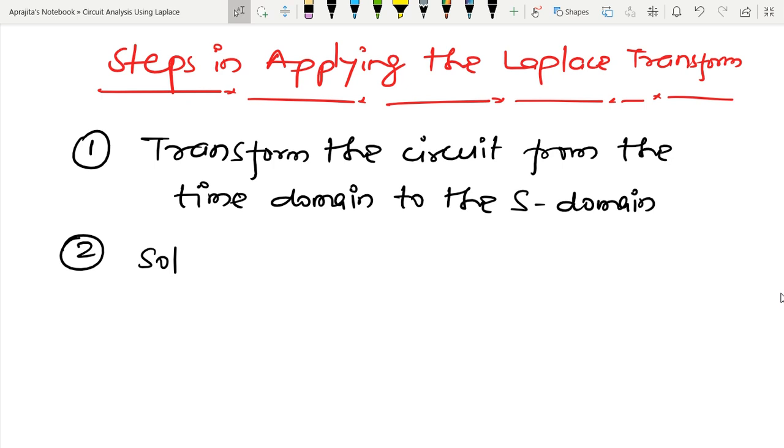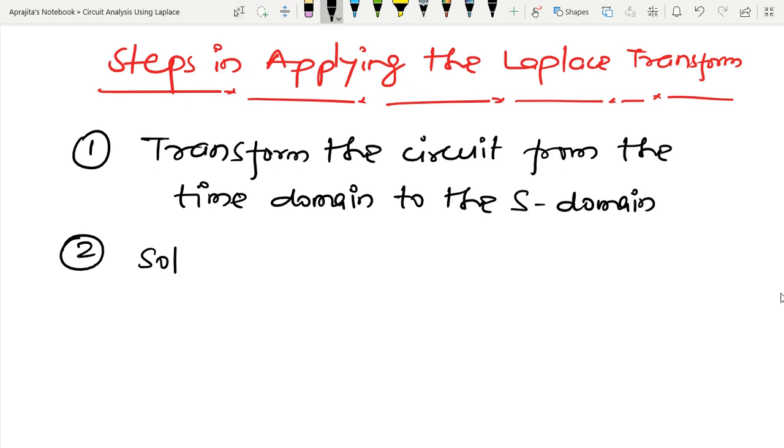So suppose I have a circuit of resistors, and after that a dependent or independent current source, then that is governed by algebraic equation. And at that time we are using several analysis tools like nodal analysis, mesh analysis, source transformation, superposition. So the same kind of technique is applicable after transformation from time domain to frequency domain.